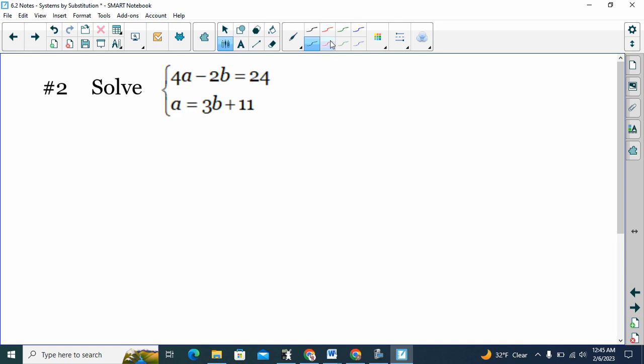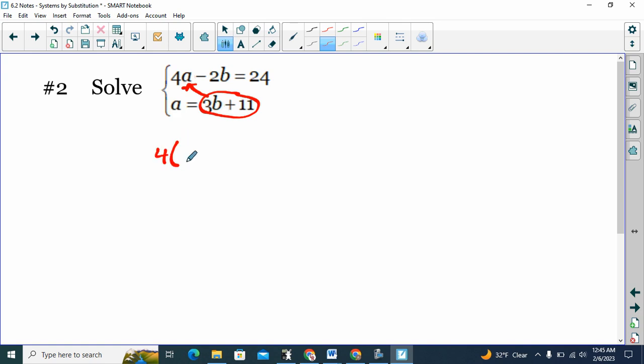This time in the problem, it says a equals something. So I know what a is equal to. So I'm going to go to this equation, and instead of a, I'm going to replace a with what it's equal to. I'm going to take 3b plus 11, and I'm going to put it in for the a.